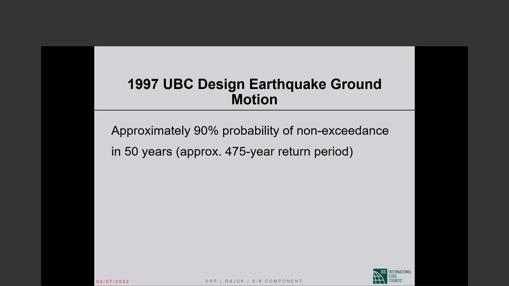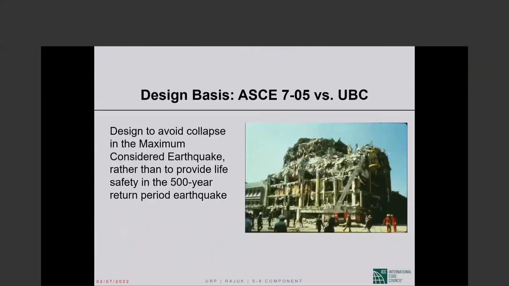So the 475-year return period ground motion was the design ground motion of the UBC, and we did our seismic design to ensure life safety in that earthquake. Okay? Like, to ensure life safety in the 475-year return period earthquake.